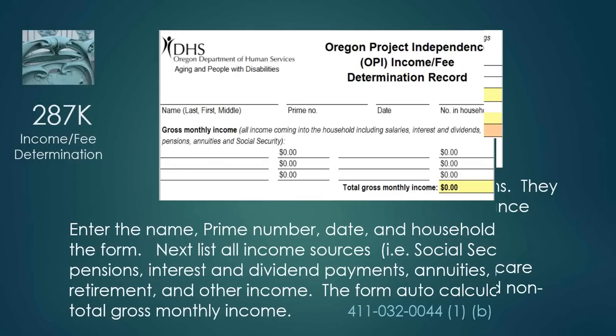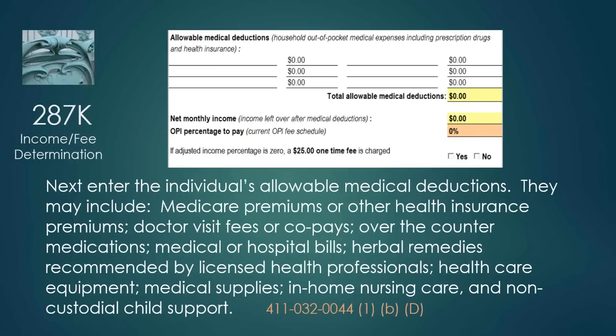Okay, I'm going to take you to the next part of the form, and this is where we enter the individual's allowable medical deductions. Now, the deductions are specifically in the medical category, so our deductions don't apply to other areas of the person's life.